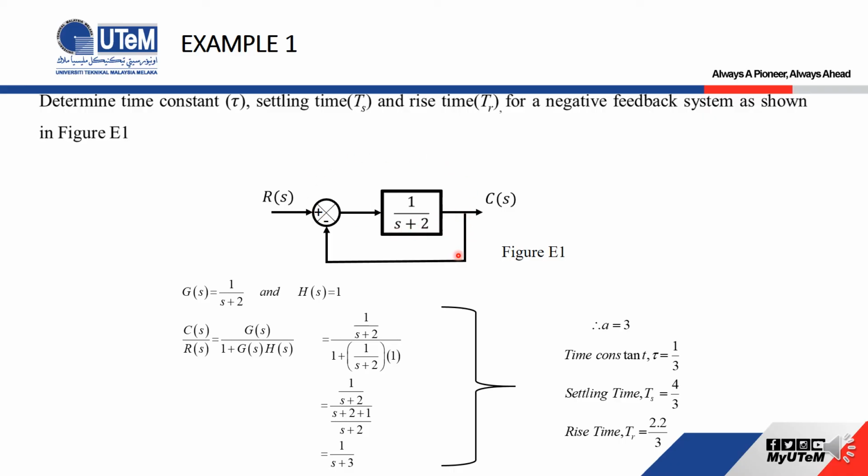This system has unity feedback, which means that H(s) is equal to 1. By using the feedback formula, C(s) over R(s) equals G(s) over 1 plus G(s)H(s), the result for C(s) over R(s) becomes 1 over s plus 3.